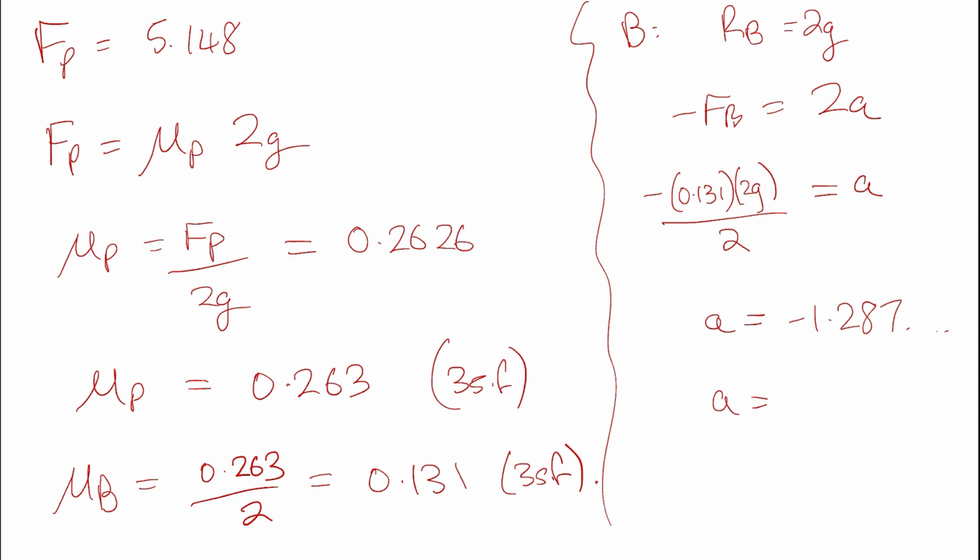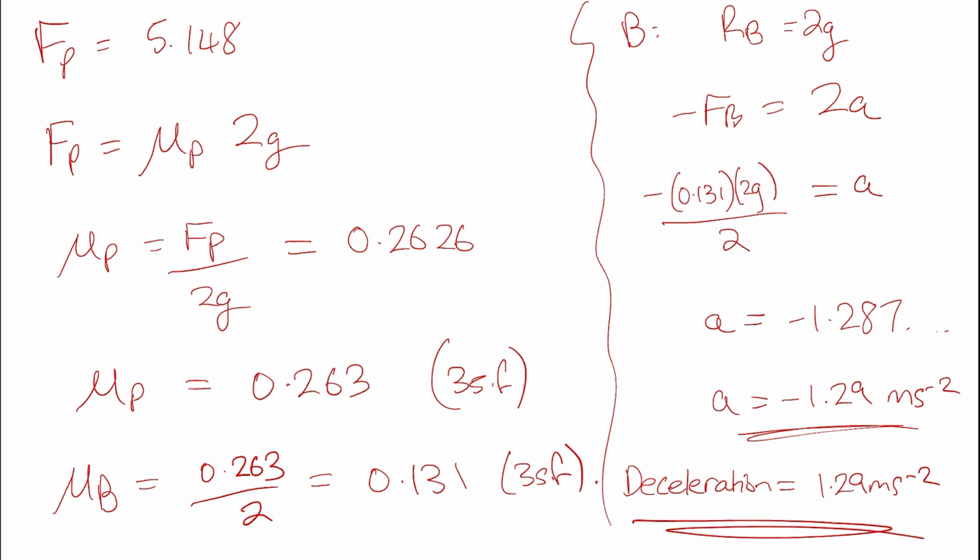So let's go to 3 significant figures. We've got minus 1.29. So that's the acceleration. So I just need to be super clear and say that the deceleration is 1.29 meters per second squared. And there we have it.